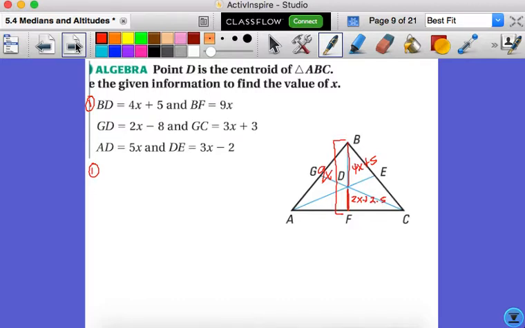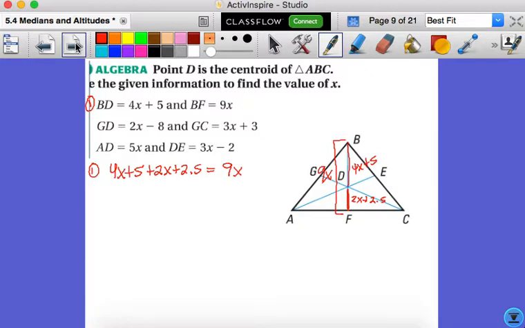Again, the reason for that is from the vertex to the centroid is twice as large as the centroid to the midpoint. Therefore, when I put all of that together, 4x plus 5 plus 2x plus 2.5 should equal 9x.